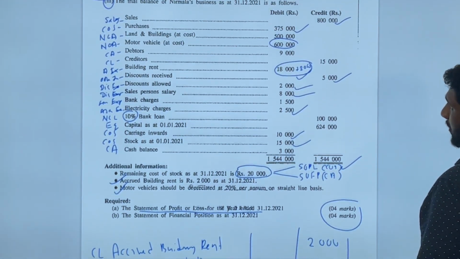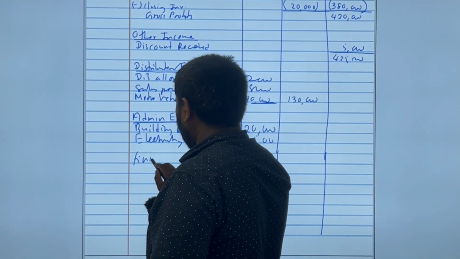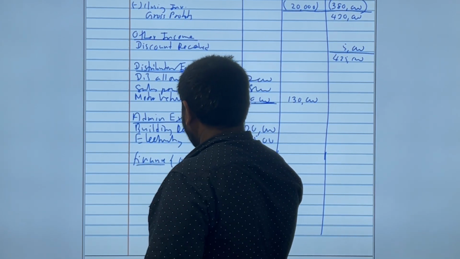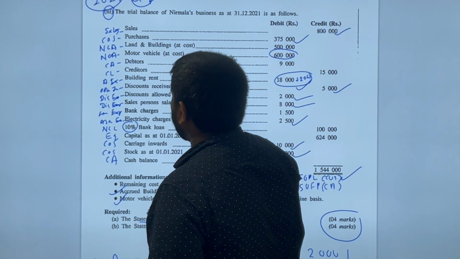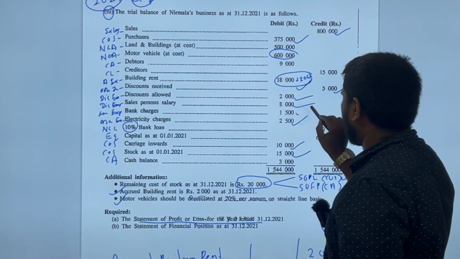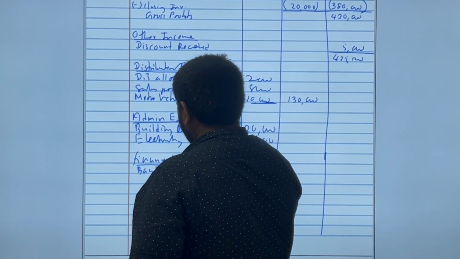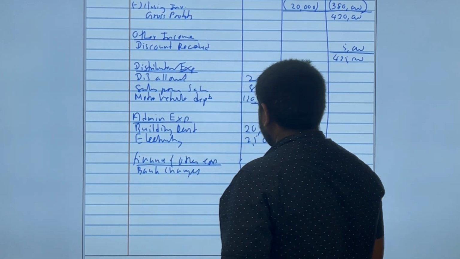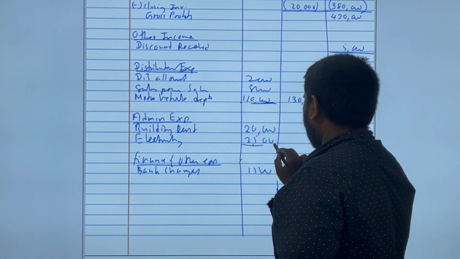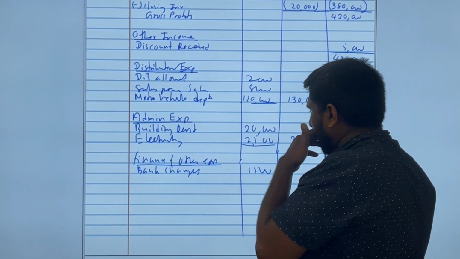Next we have to move to the finance and other expense. So what are the expenses that you have? Here you have bank charges 1,500. So here let me take the total 22,500.